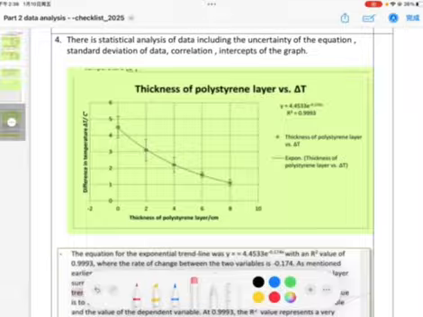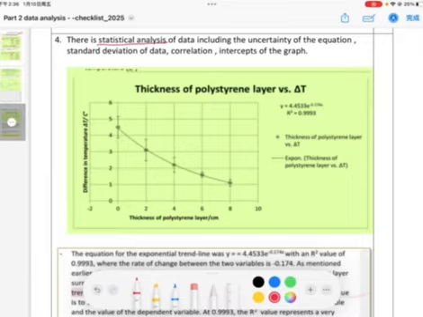After that, you have to do some statistical analysis, okay? So you see, this part is about data analysis. All the things that you did before are not really analysis, it's just some calculation and presentation, right?